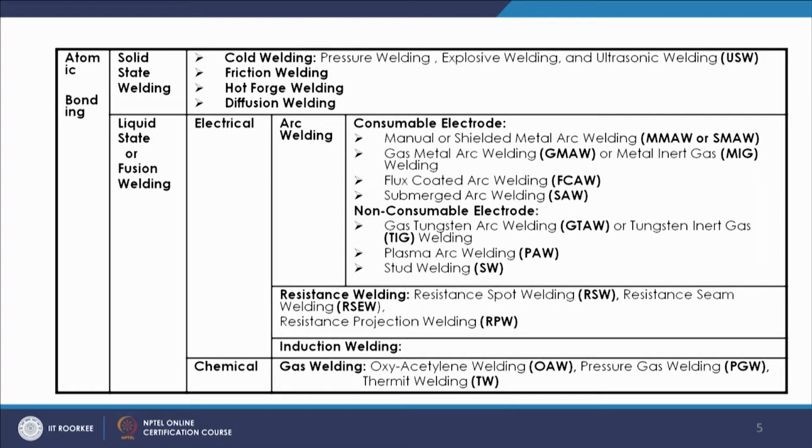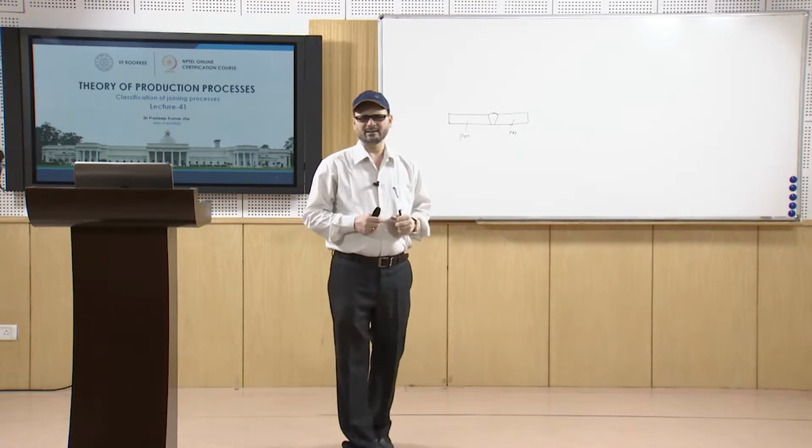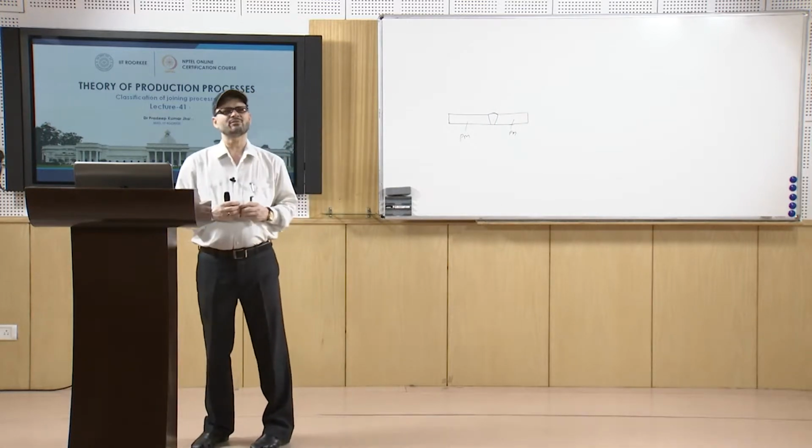Now, we come to the atomic bonding. That is normally permanent type of bonding, and in that we have solid state welding. As we discussed, most solid state welding is normally autogenous type, where no filler is required, and there is no liquid state formation.